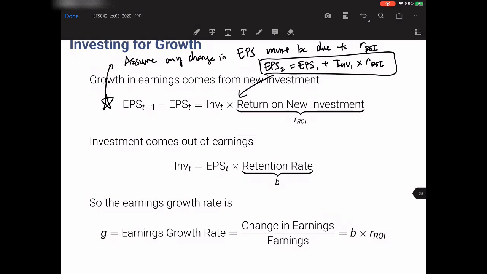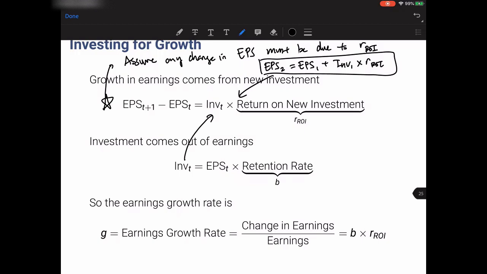Once we have this investment definition, we can substitute this above here, right? And then we can divide everything by EPS_t. So let me show you what goes on after we substitute investments into the first equation and divide both sides by EPS_t.